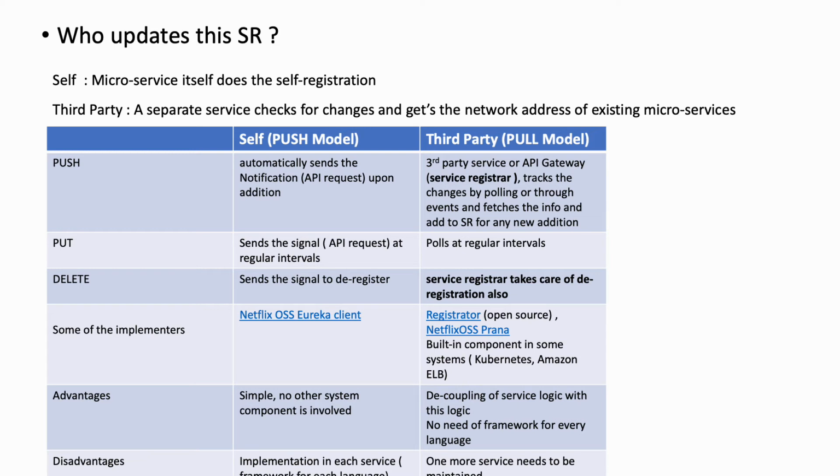Netflix OSS Eureka client uses this kind of service registry updating, where the microservice itself maintains the code to register, update or delete the data. The advantage of this concept is that it is simple, in the sense that there is no other extra component involved. The microservice itself will take care of updating the service registry.